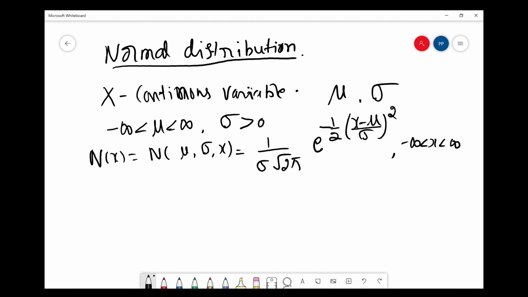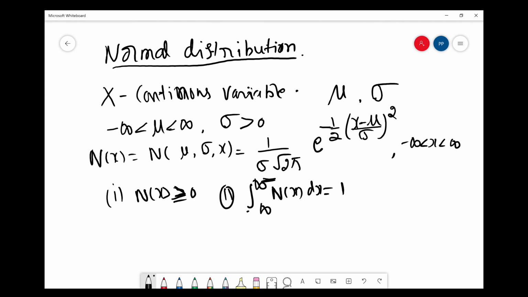Now, we can show that this function is always non-negative and the integral from minus infinity to plus infinity of this function is equal to 1.